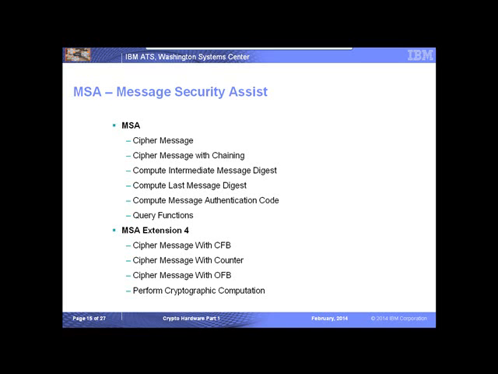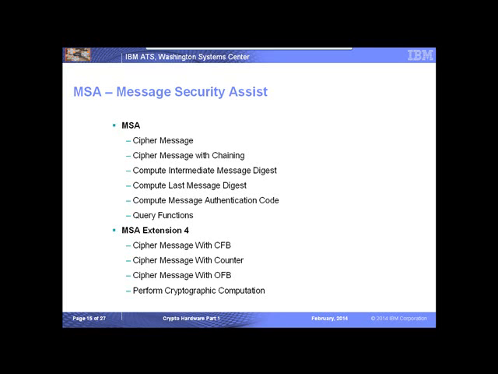And it will move the data from location 1 to location 2, and when it gets to location 2, it will have been encrypted using the algorithm and the key that you specify via some of the registers. So you can look up all of these instructions in the POPS manual, the Principles of Operations manual, to see exactly how they work. You can write your own assembler routines to invoke these instructions.